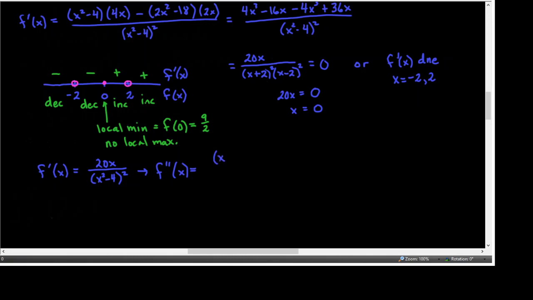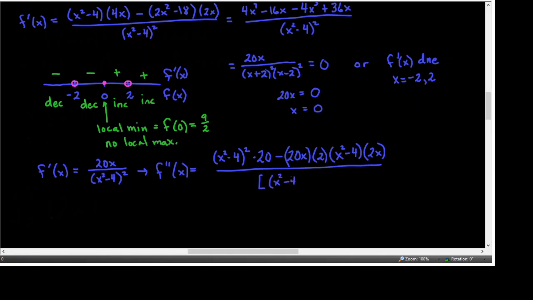Low d high minus high d low, and the derivative of something squared is 2 times that something to the first. Then the chain rule kicks in and we have to multiply by the derivative of that inside something. All over the square of low.